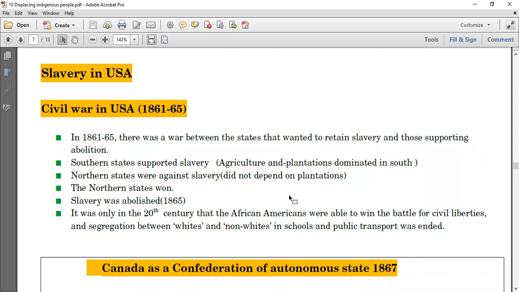The southern states supported slavery because they were dominated by agriculture and plantations, and they needed slaves to run their businesses. And the northern states, which did not depend on plantations, were against slavery and wanted to abolish it. Finally, the northern states won, and in 1865, slavery was abolished.